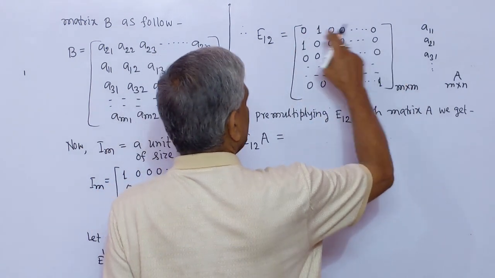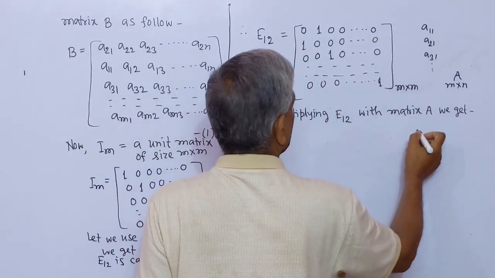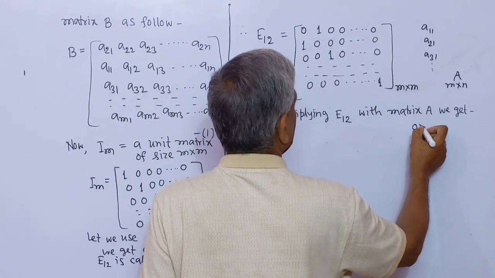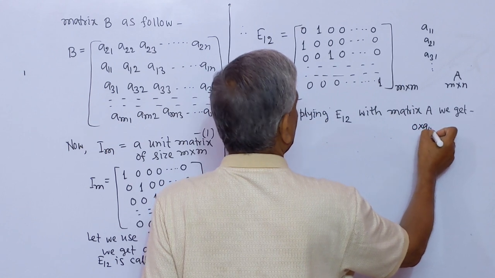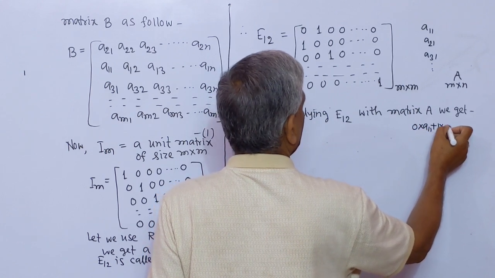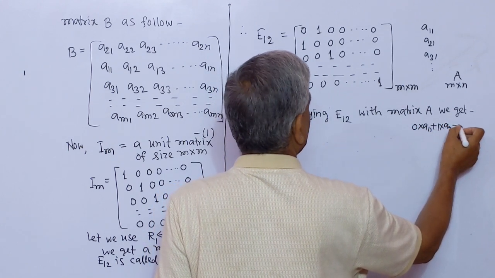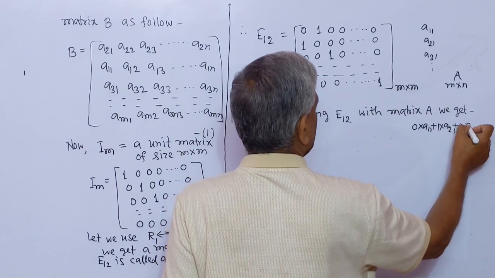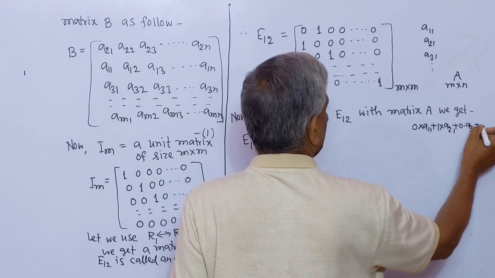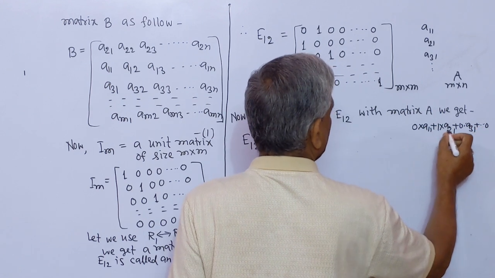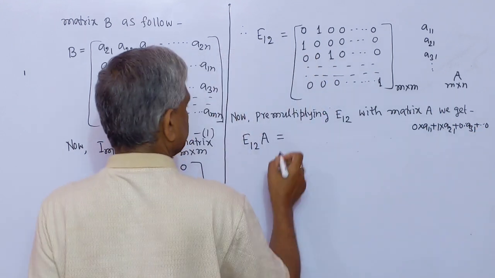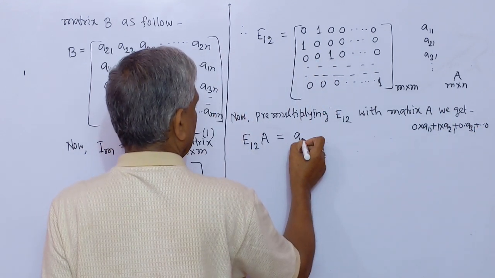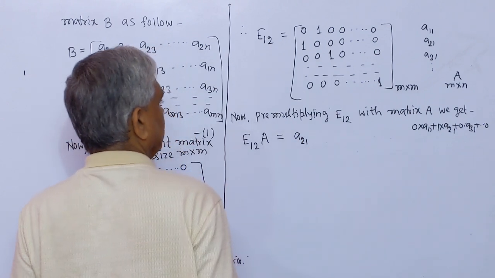If we multiply this first row with the first column, 0 multiply A11 plus 1 multiply A21 plus 0 multiply A31 and others are 0, means remains A21.